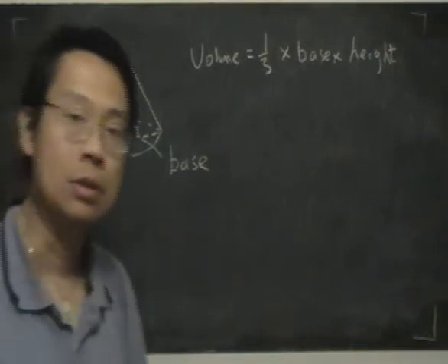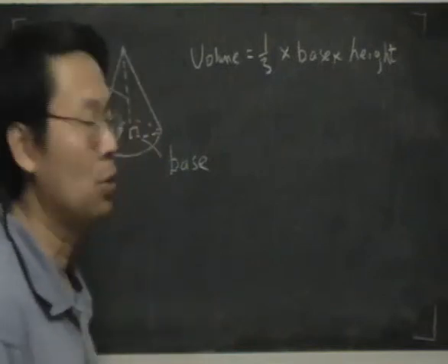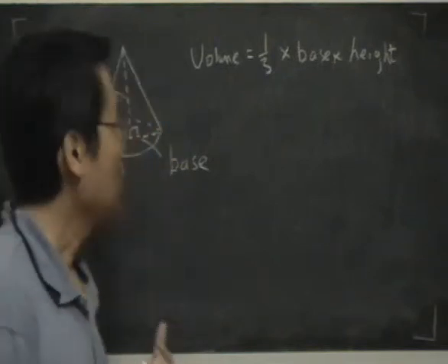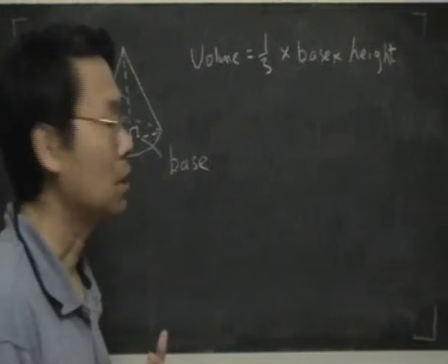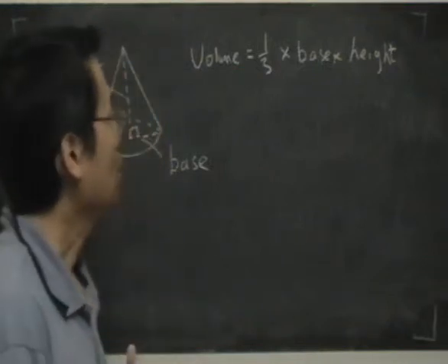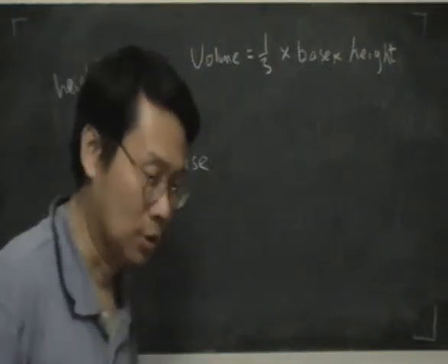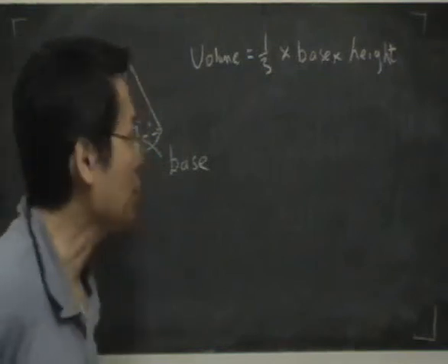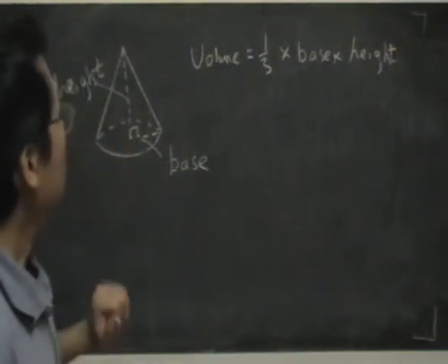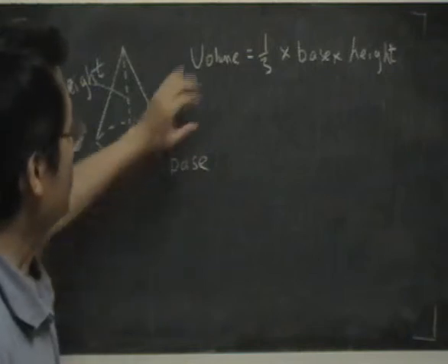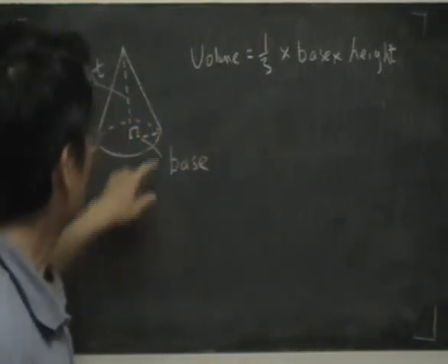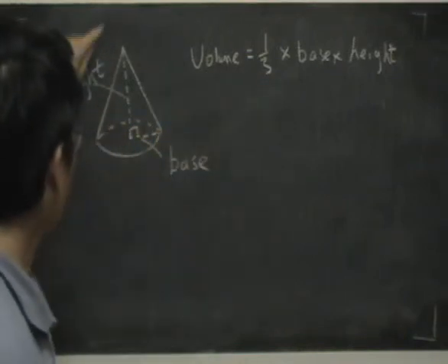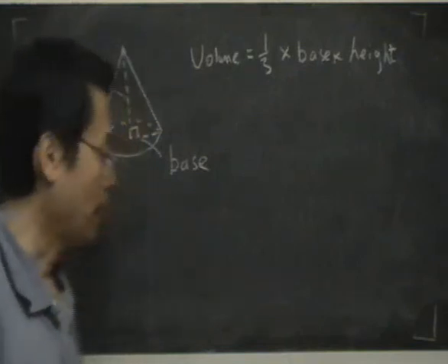Now, I'm not going to explain how this formula comes about. It is rather involved and not required for the exams usually. Okay, so it's just 1/3 times the base area times the height of the cone.